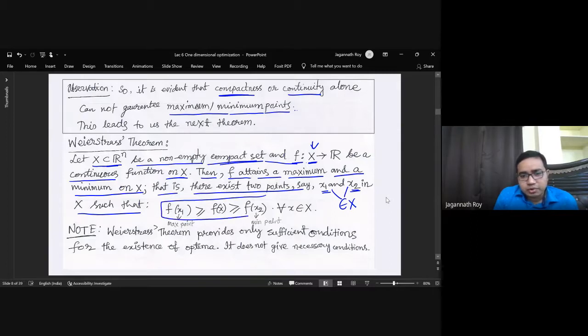One will be the maximum point, another will be the minimum point, for all x belonging to X. Note that this Weierstrass theorem provides only a sufficient condition.